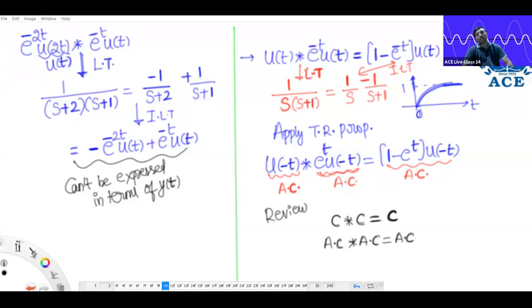When both are causal, the resultant is causal. When both are anti-causal, the resultant is anti-causal. That point we can check. Anti-causality definition: a signal that is defined for negative time.